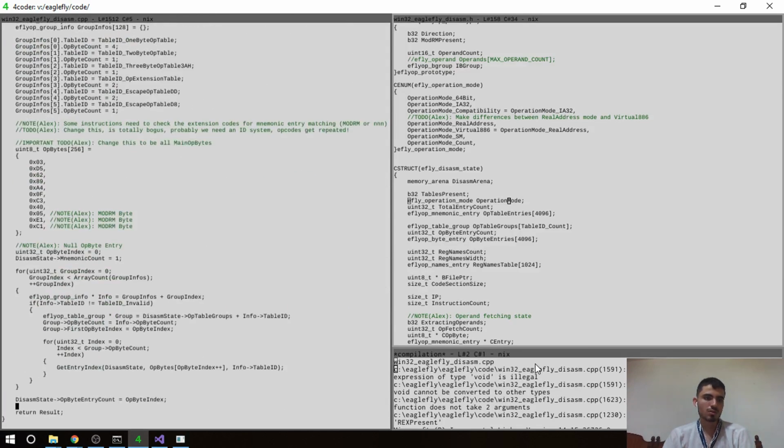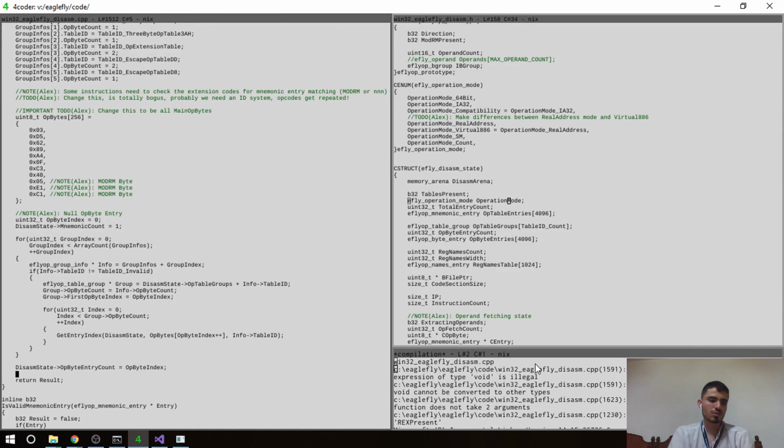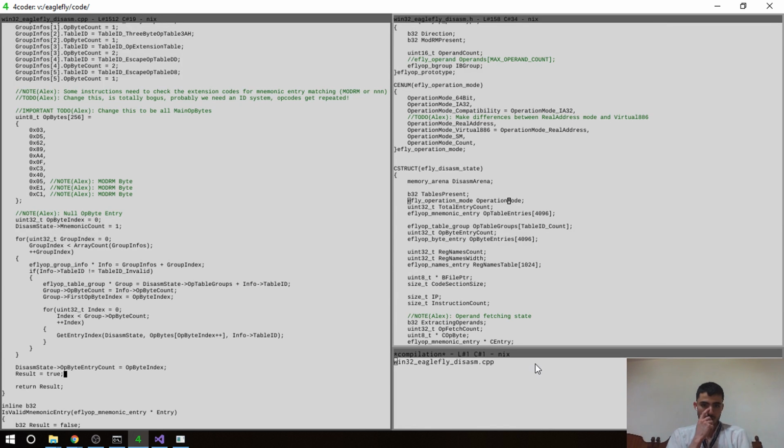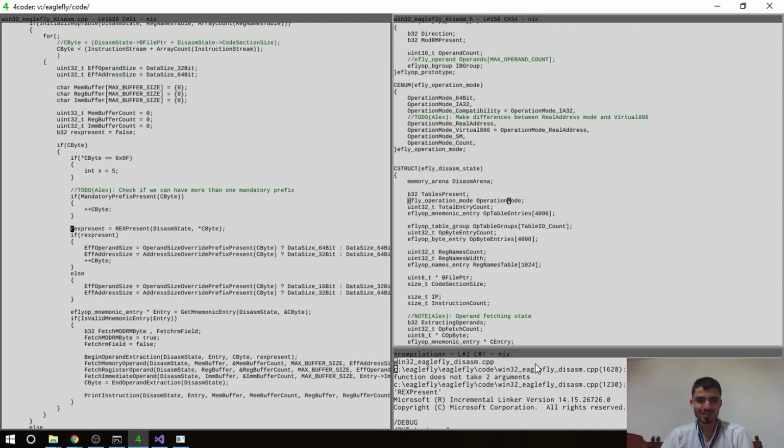So this is gonna go there. So I'm just gonna say for now this, but that's it. Array expression, disassemble state, cby. In fact, probably init table.